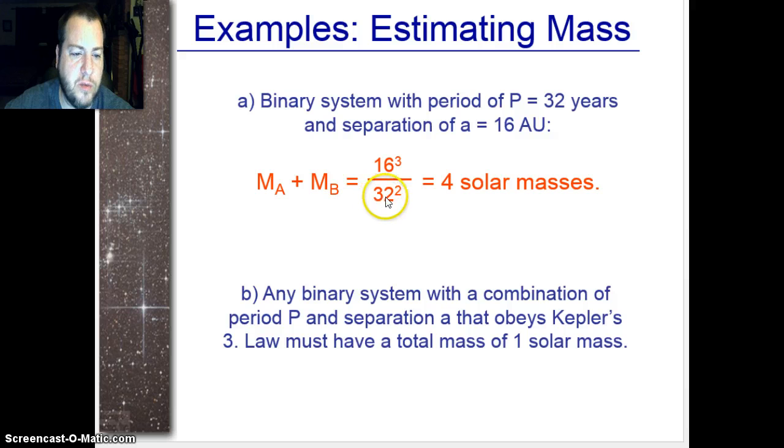I'm sorry, this is not their period cubed. So 16 cubed over 32 squared is equal to 4 solar masses. So we know the combined mass of this binary system is 4 solar masses. Any binary system with a combination of period and separation that obeys Kepler's law must have a total mass of 1 solar mass.